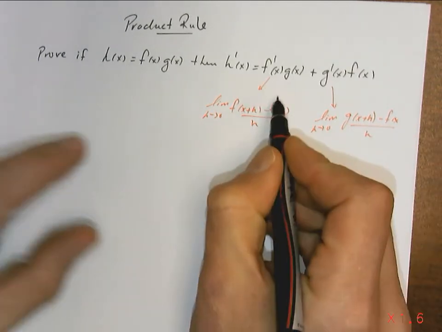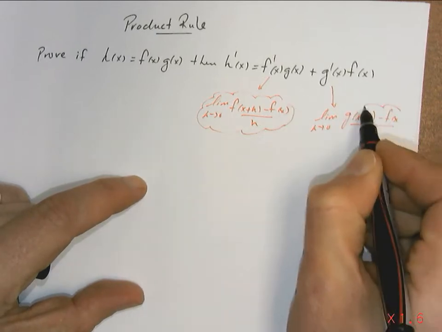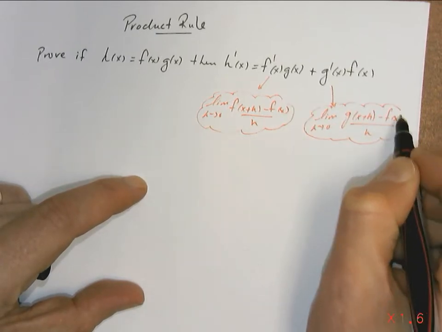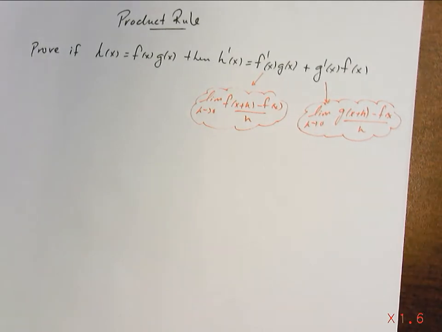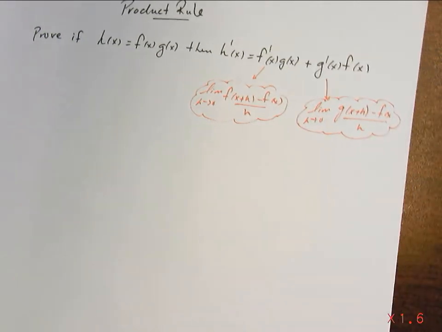So I'm going to want to be looking to build this and this from the information that I'm going to be able to work through. Okay, just keep that in mind. That's just another way of writing it. By definition, that's what that means. So we'll keep that in mind.